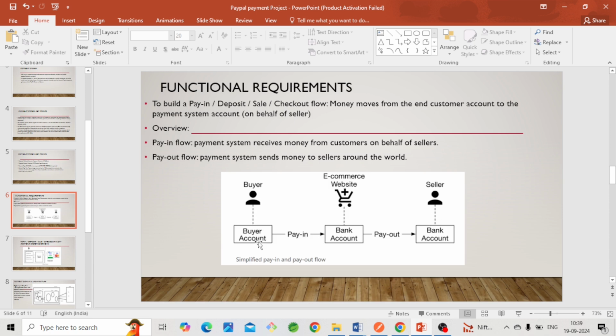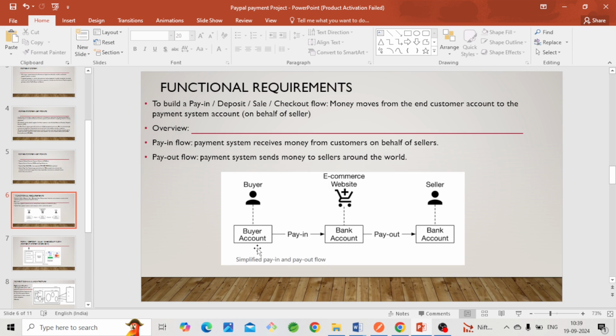See, whenever the customer wants to buy any product, so the customer wants to make a payment, that is called a pay in, or a deposit or a sale or a checkout flow. Then the money is moved from the end customer account to the payment system account on behalf of the seller.